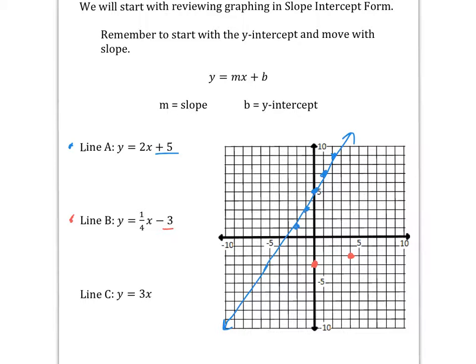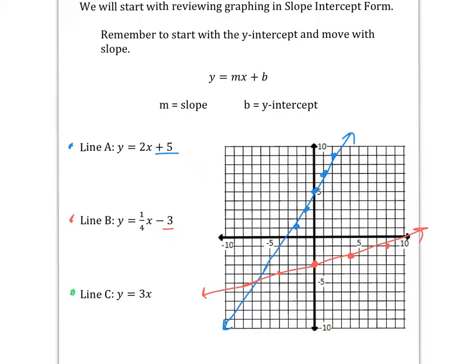Whoops, there we go. And then, again, it's always good to at least make 3 points if you can, or more. And again, make sure your line goes through the entire coordinate plane, and then arrows on the end of your line.